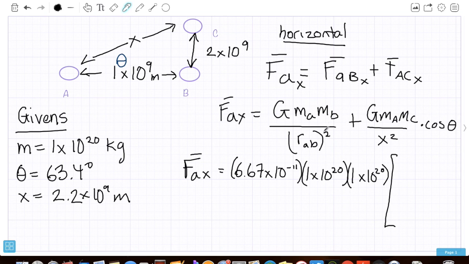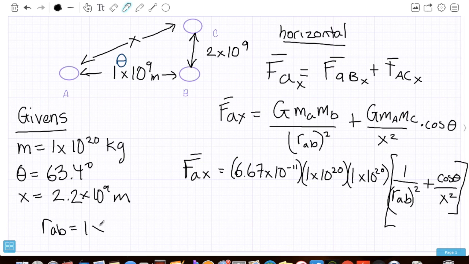So we've taken that out, and what we're left with is 1 over RAB squared plus, now GMA MC is also this, so what we're left with is cos theta over x squared. And remember that RAB is equal to 1 times 10 to the 9.